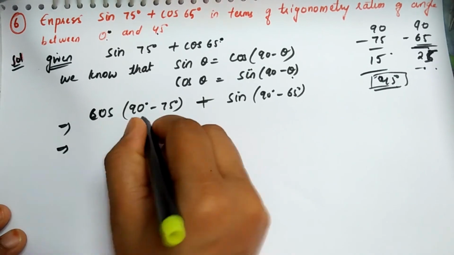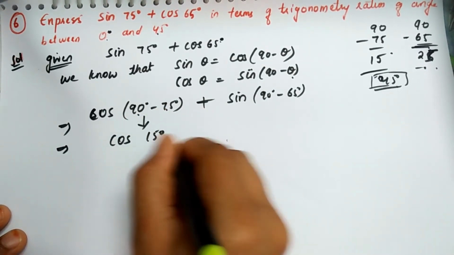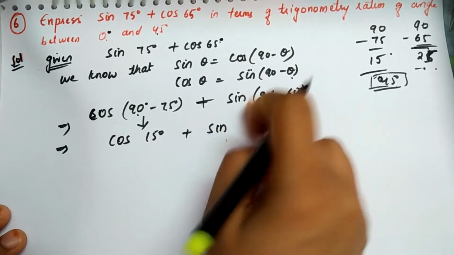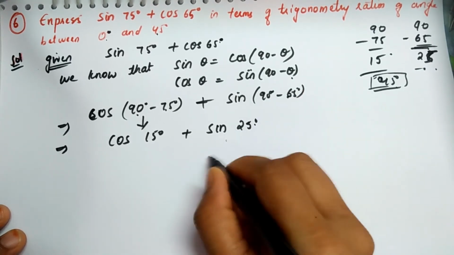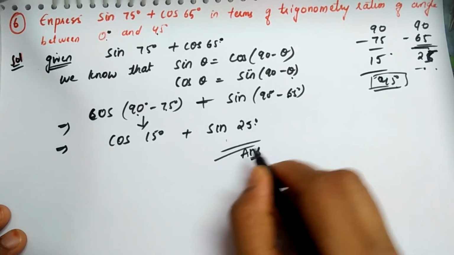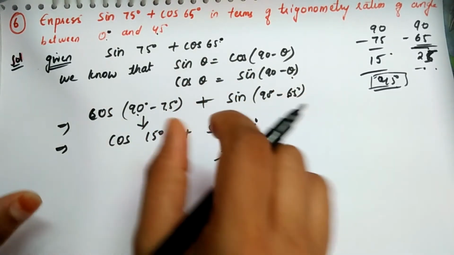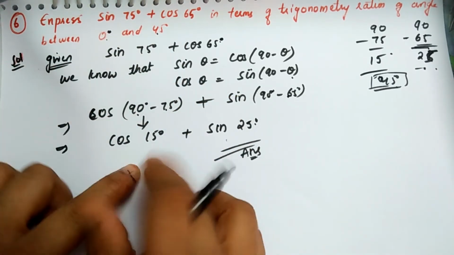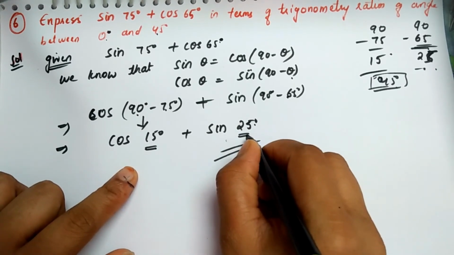Sine 75 gets converted to cos 15 degrees, and cos 65 got converted to sine 25 degrees. It's not asking us to solve, it's just telling us to express in angles ranging between 0 and 45 degrees, and we did it. 15 is less than 45, 25 is less than 45.